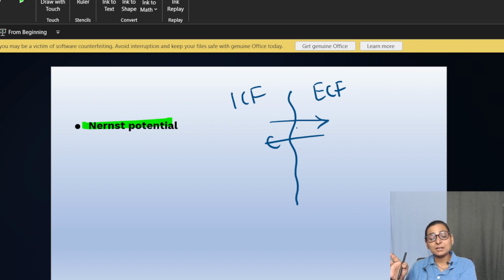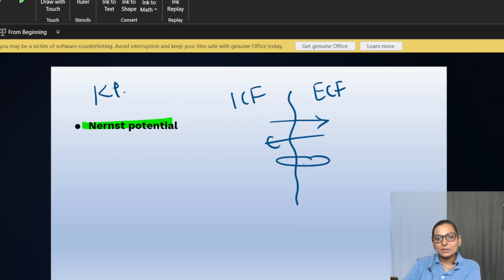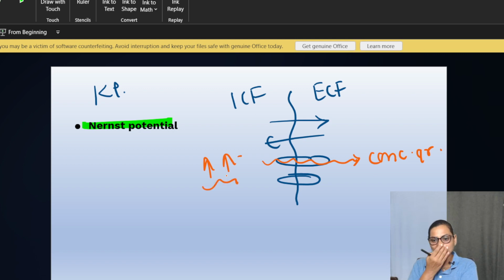That totally depends upon certain factors. So let us consider potassium. Potassium has got leaky channels, and therefore potassium can easily move from ICF to ECF. This is mainly because of its concentration gradient. The potassium concentration is more in the ICF, and so it moves out.